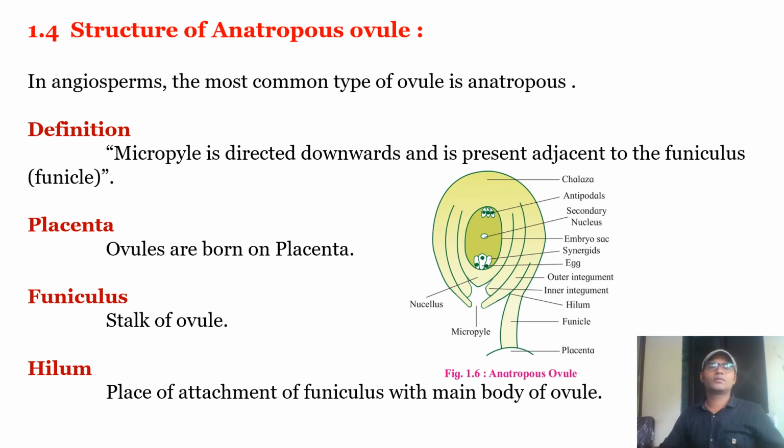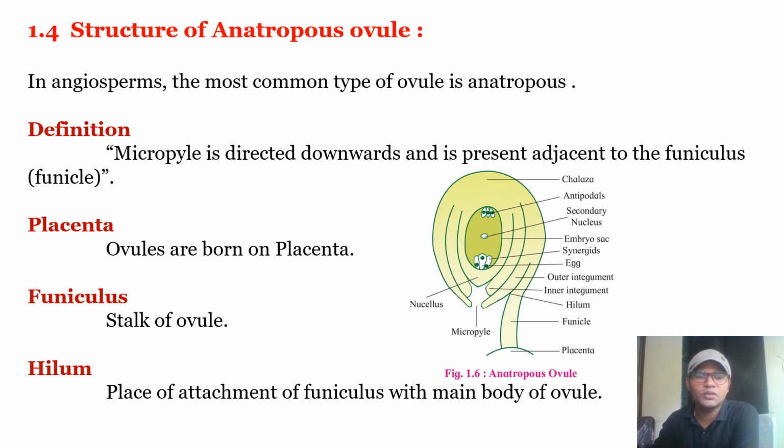Let us see the structure of ovule. There are three types of ovules. First one is nothing but you can say anatropous type of ovule, which is shown in diagram. Second type is nothing but amphitropous, and the third type is called as, just a minute.